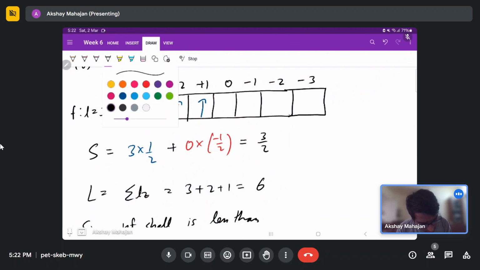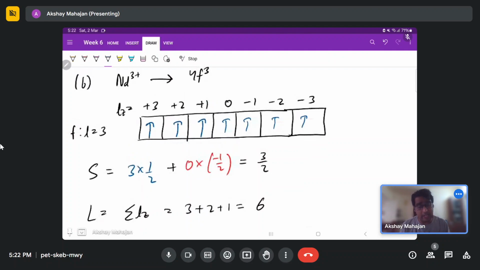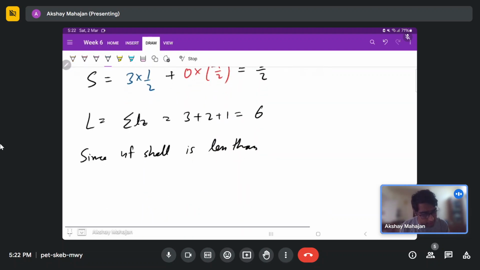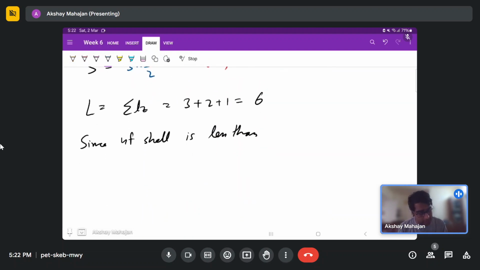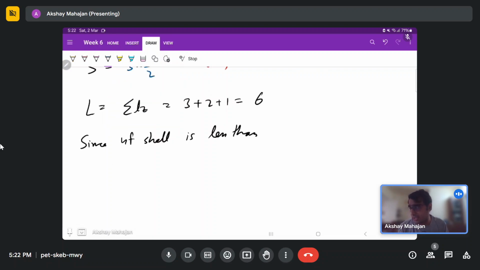If we had 7 electrons, then that is the half filled case, because in total we can fill 14 electrons here. Okay, and in this case the 4f shell is less than half filled.